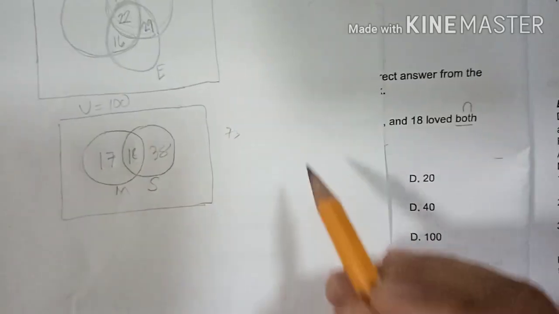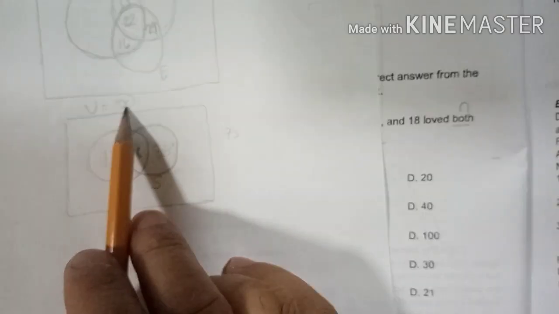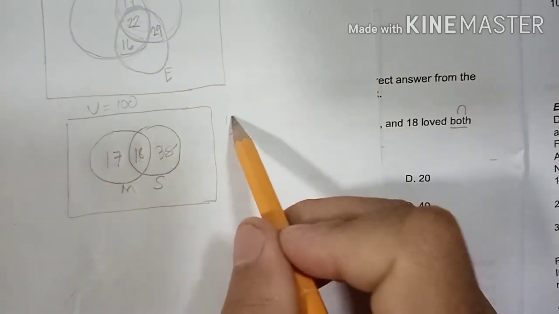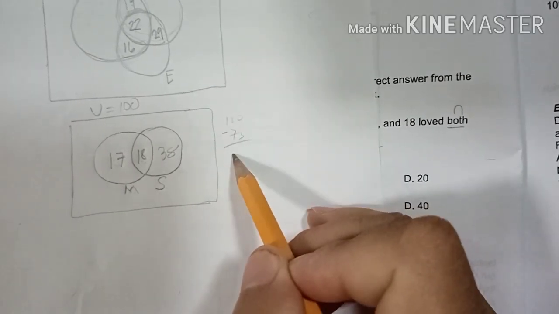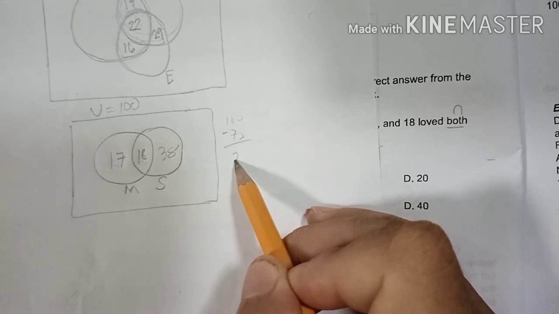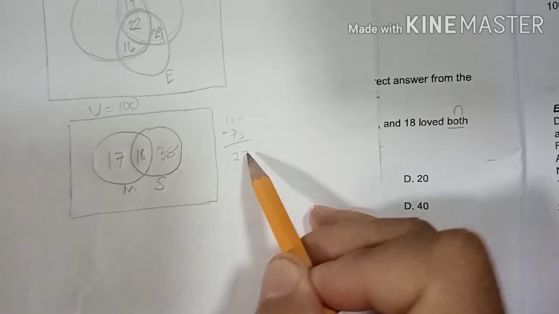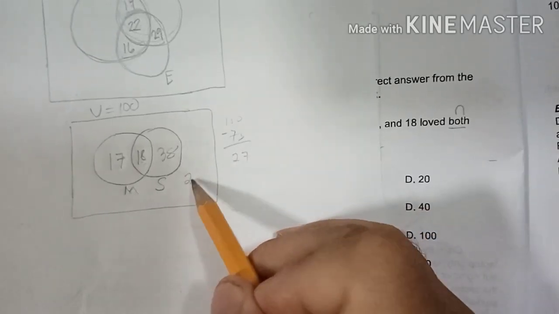So 17 plus 18, it's 35. So 35 plus 38 is 73. 73 only. But our universal set is 100. So therefore, 100 minus 73 is 27. So therefore, the 27 is here.